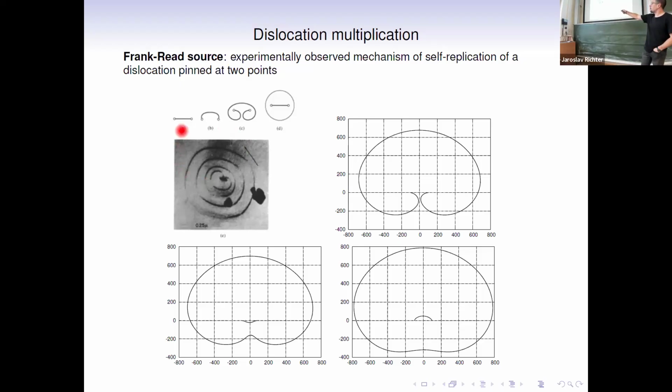Starting from some initial dislocation pinned between 2 points, for example some impurities or material precipitates, under the effect of constant load or constant stress, the dislocation bows out under the effect of the curvature and the forces. Sooner or later, the parts of the dislocation meet one another, merge, and create one open loop and one closed curve which continues bowing out.